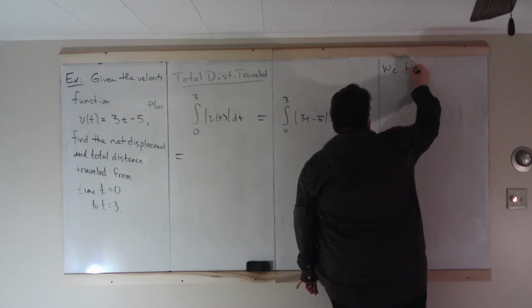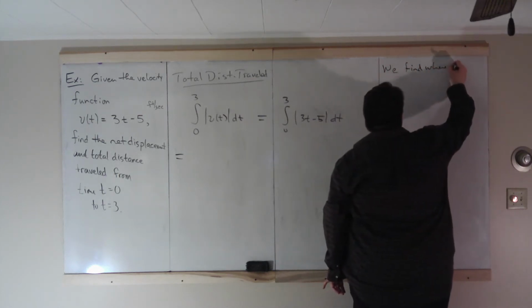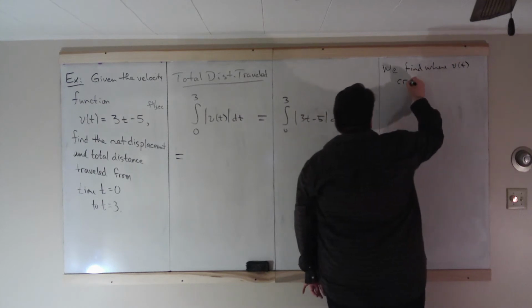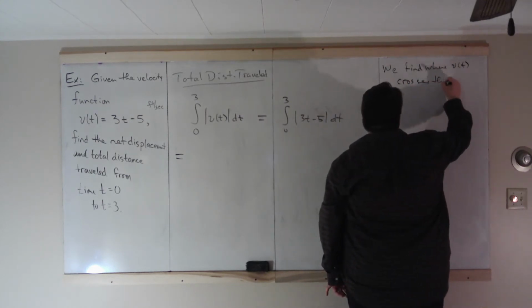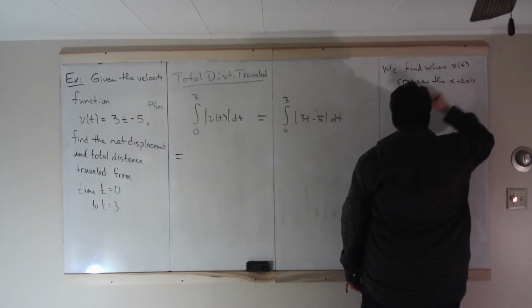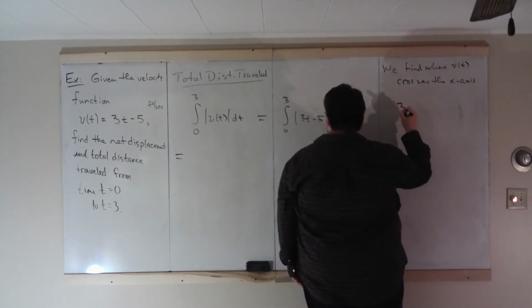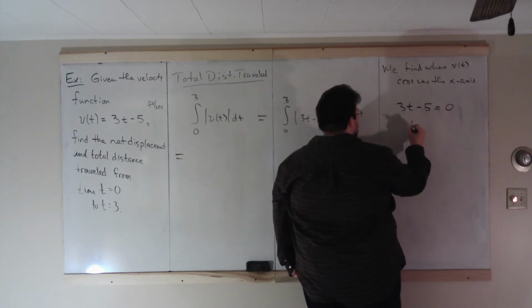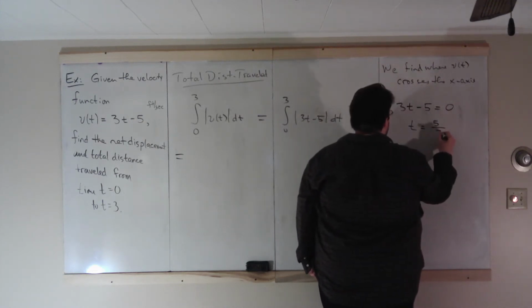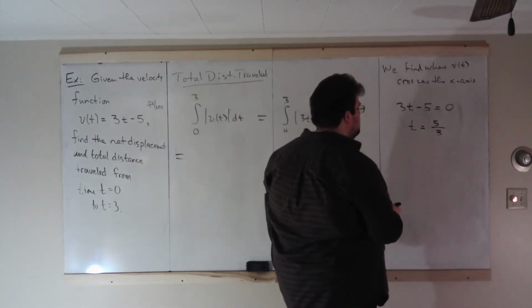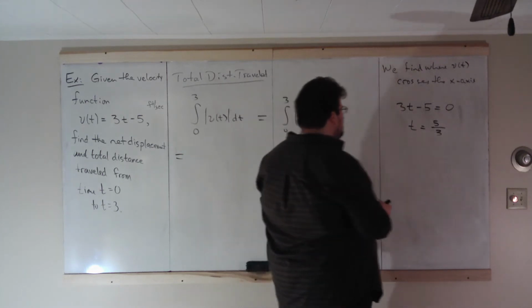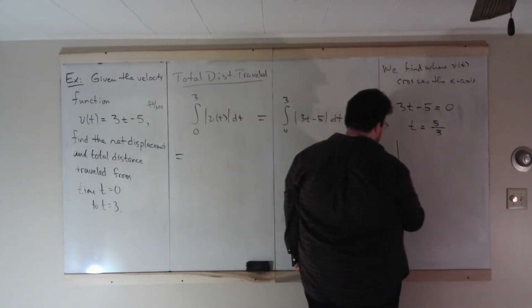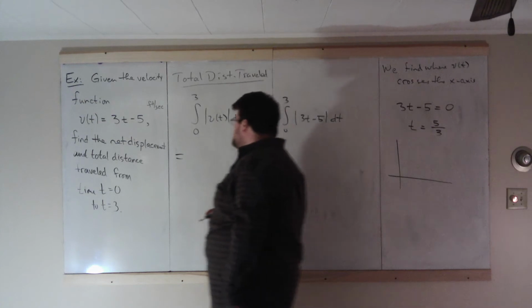We find where v of t crosses the x-axis. So we need 3t minus 5, and we want to set that equal to 0. You get t equals 5/3. Well, that tells us what?